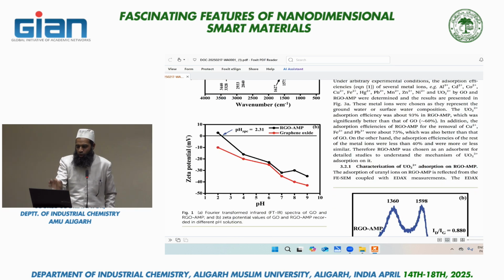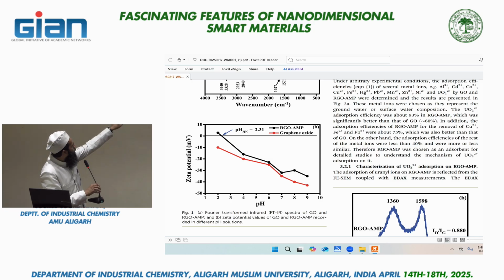In the zeta potential, you can see the red one is graphene oxide. When we performed the zeta potential from pH 2 to 9, you can observe that although pH 2 is very acidic, meaning a very high concentration of H plus, our graphene oxide still shows a negative zeta potential.